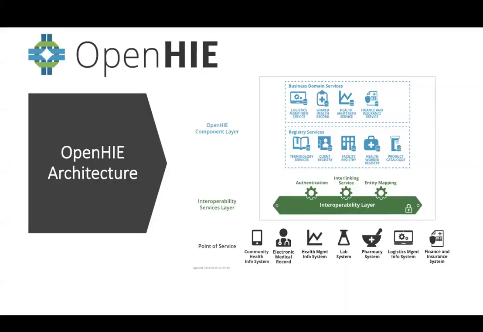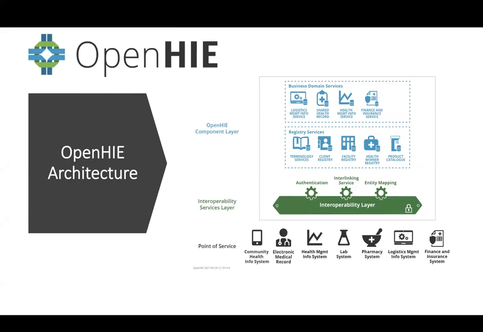I'm sure many of you have seen this picture, so I won't go into too much detail. But ideally, we have a component layer, a capability layer, and then the point of service systems. Our focus today is going to be on two parts.